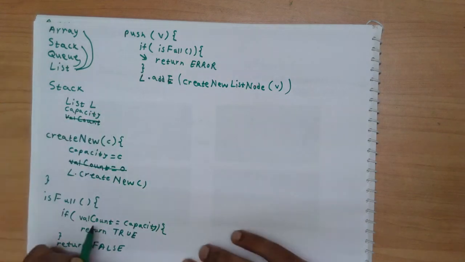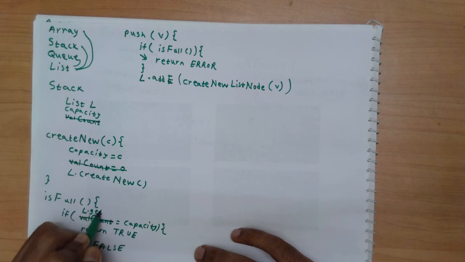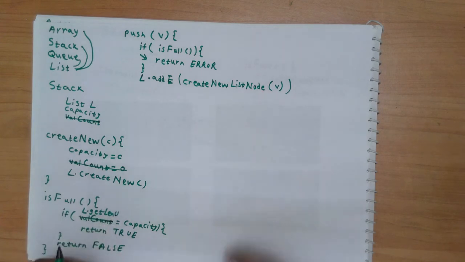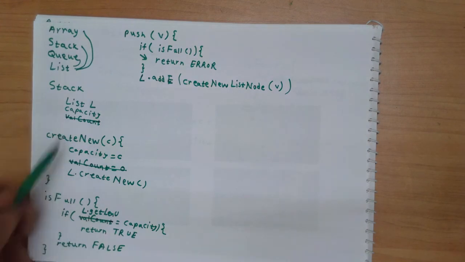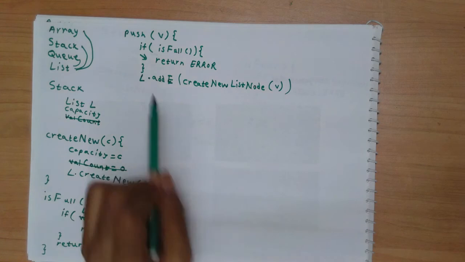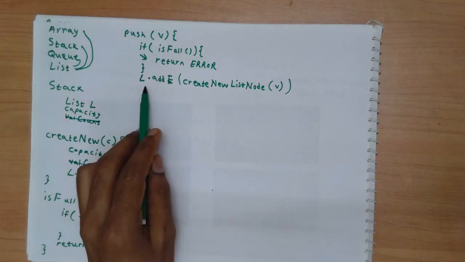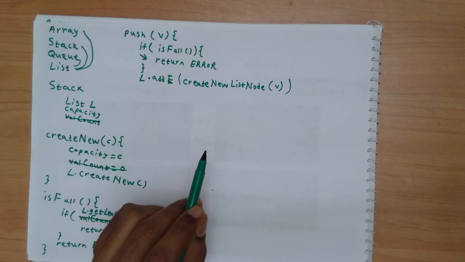So instead of explicitly maintaining the val count, what I can do other way is that I will call l dot get length, okay. I'll call this function. So let's try to avoid having extra variable. Let's try to do as many things as possible with our list. So I have added element to list, and then list will take care of updating the length.